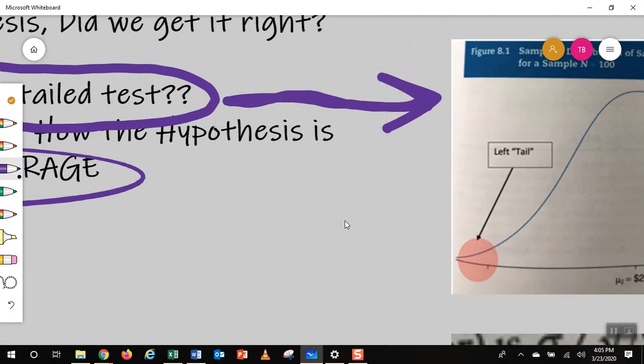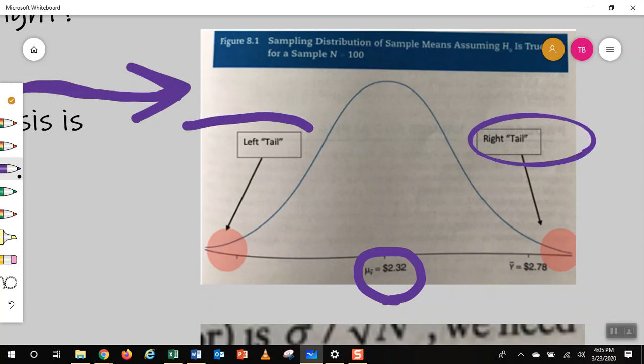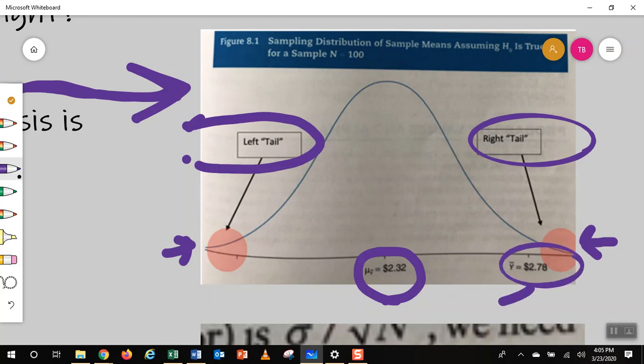In this sample over here, if this is your mean, it's asking you if it's a right tail test or a left tail test, basically referring to whatever number you have on the left or the right. In this example, we would call this a right tail test because this number right here is greater than the number over here, so we're looking to the right of the normal curve.